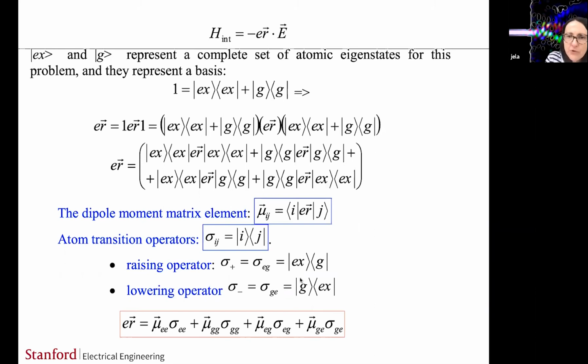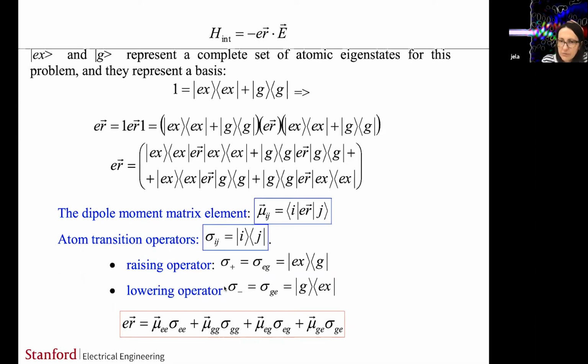We also introduced operators. We said that the rest here, apart from this matrix element, is an operator. So there are four different operators: |e⟩⟨e|, |g⟩⟨g|, |e⟩⟨g|, and |g⟩⟨e|. They have different roles, and we will introduce labels for them. |e⟩⟨g| will be called the raising operator, sigma plus, and |g⟩⟨e| will be called the lowering operator, sigma minus.